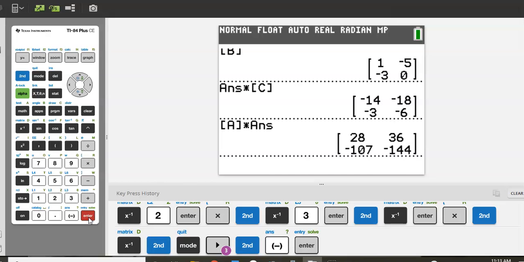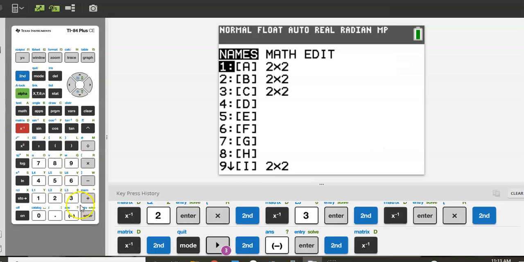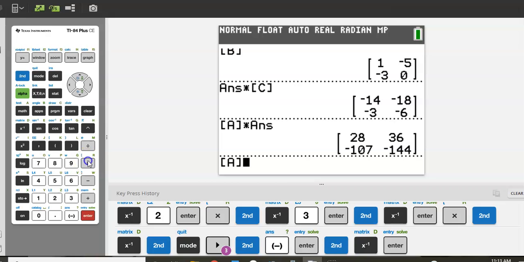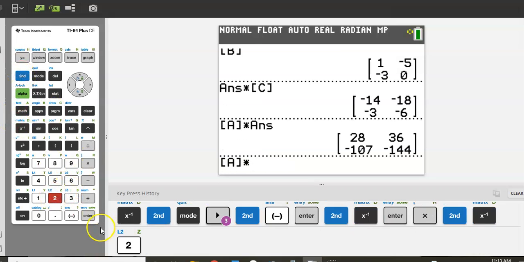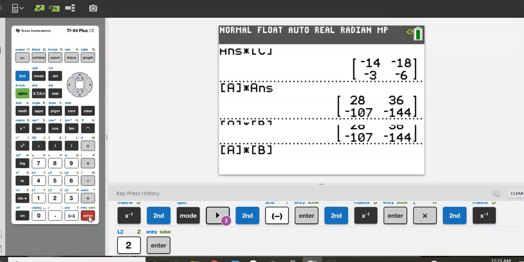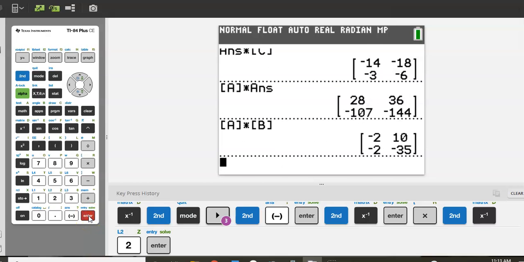They are not commutative when you multiply them. Let me show you this really quickly. Let's say you take your matrix A and multiply it by your matrix B. If I do it in that order, I get -2, 10, -2, -35.